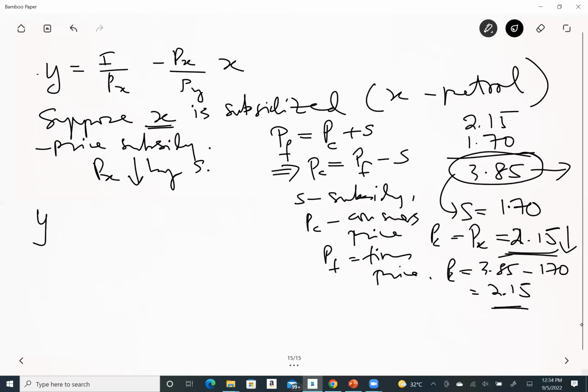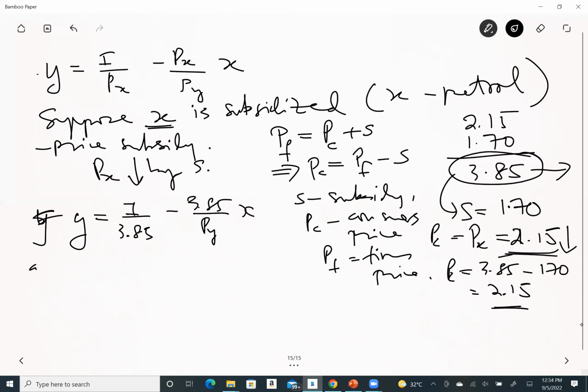Y equals I over PY, the original price is 385, minus PX over PY X, 385 over PY X.